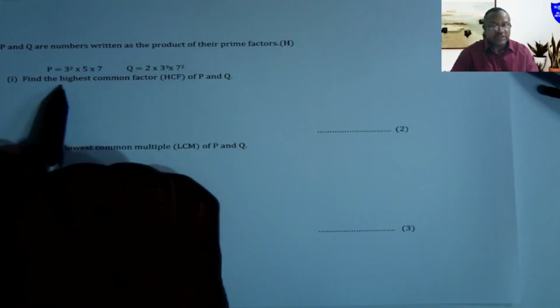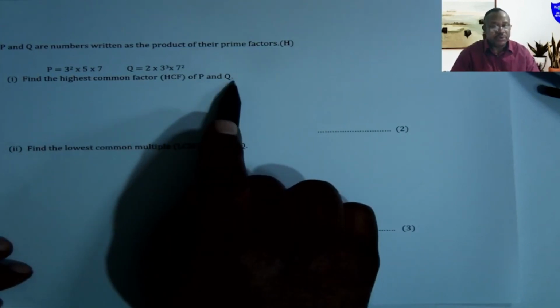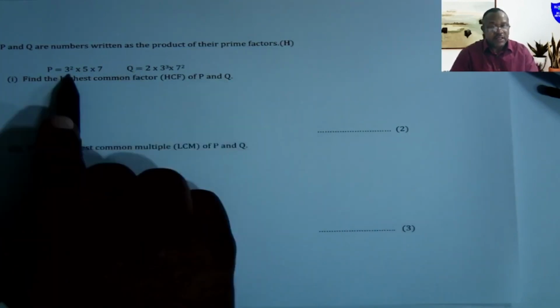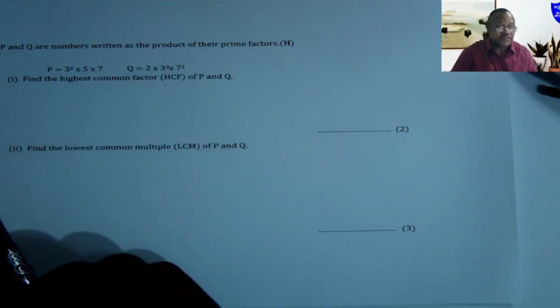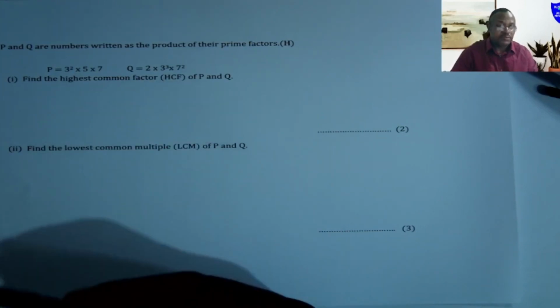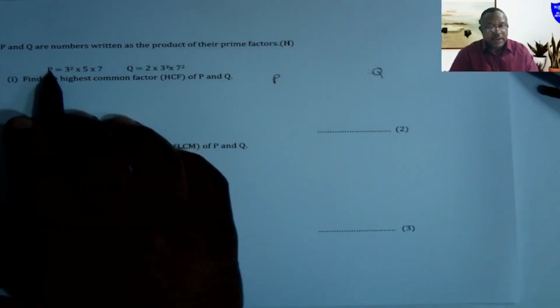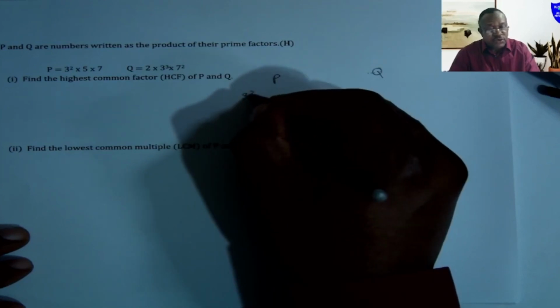So the task for us is to find the highest common factor of P and Q. Part of the work has already been done for us. Okay? All we need to do now is to find the highest common factor. So we write P there, write Q there, and then expand each one of them. So for P, we've got 3, 2 by 5 by 7.